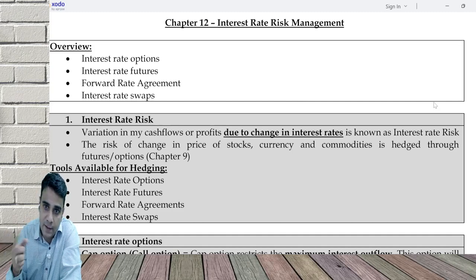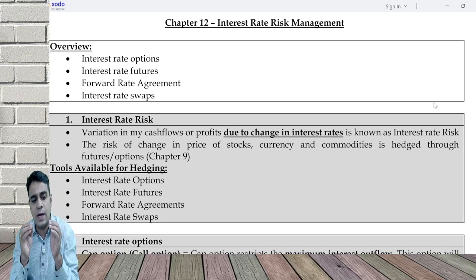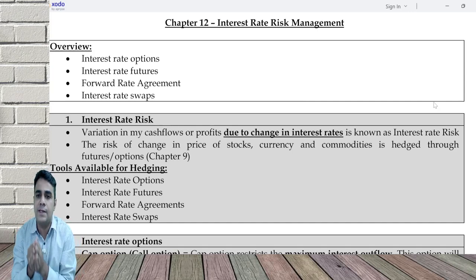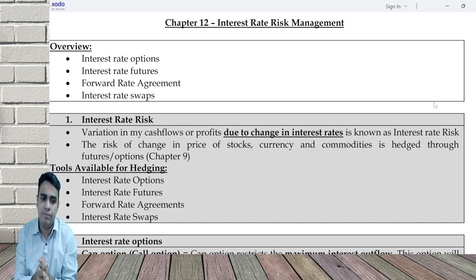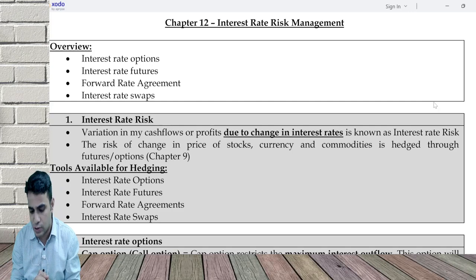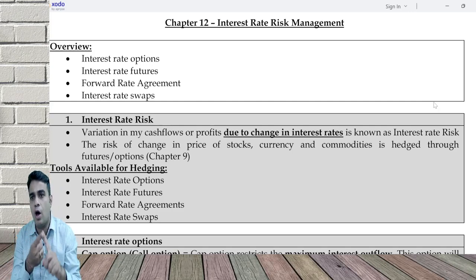In forex, we will do forward contract. Here it is called interest rate forward, and then we have something called interest rate swaps. So basically exactly the same tools which are there for stock, currency and commodities, the same thing are there for interest rate also. So I have a call option which is technically called a cap option here.